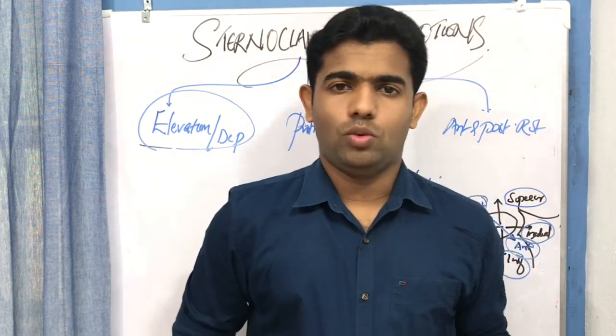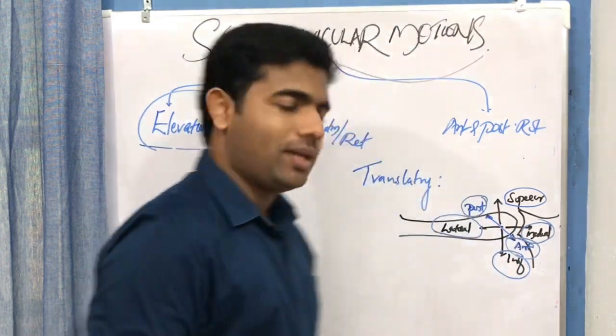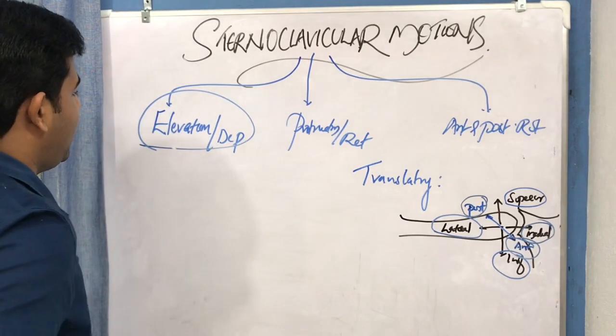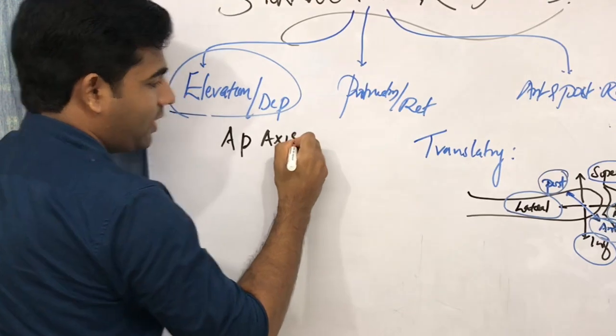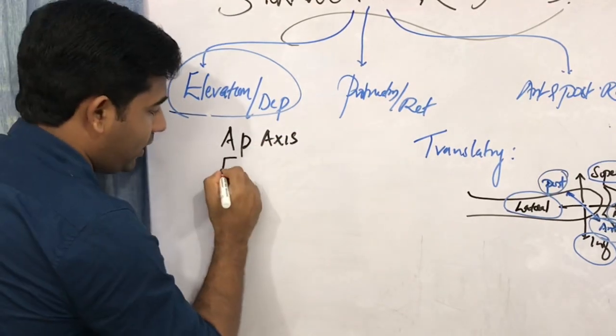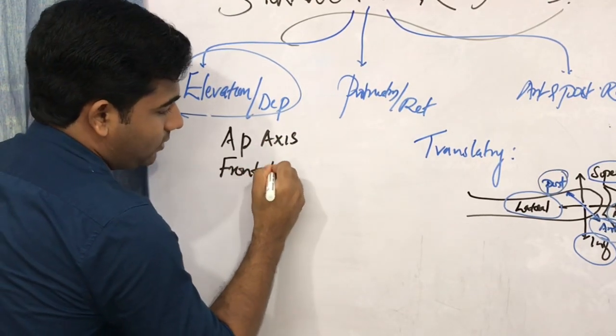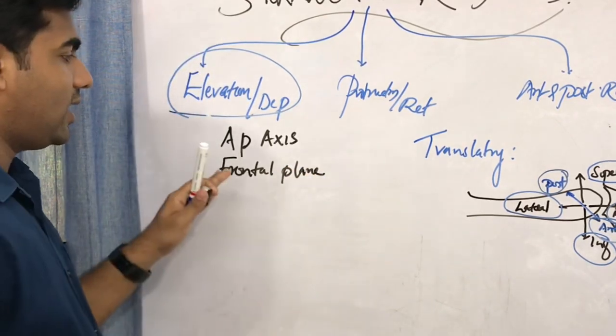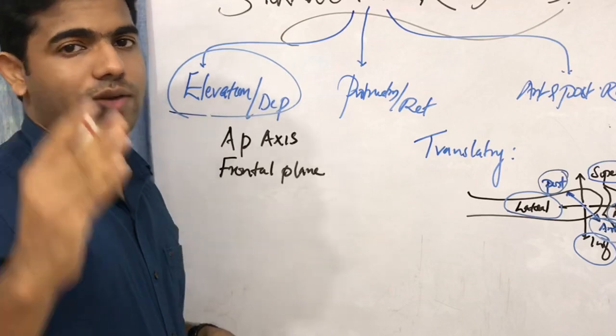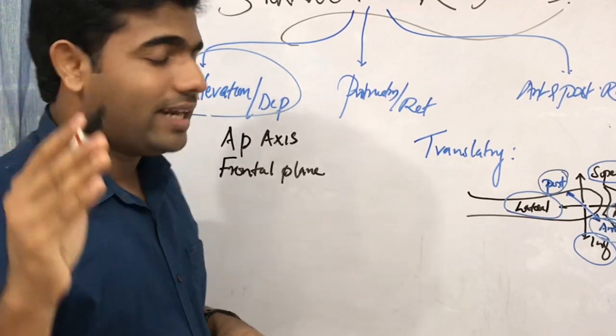Can you tell me in which axis this movement is happening? The movement is happening in the AP axis. Therefore, you are sure that if it is an AP axis movement, this would be a frontal plane. If anybody has doubts on axes and planes, we have a video on our channel on this exclusively. Kindly refer to that.